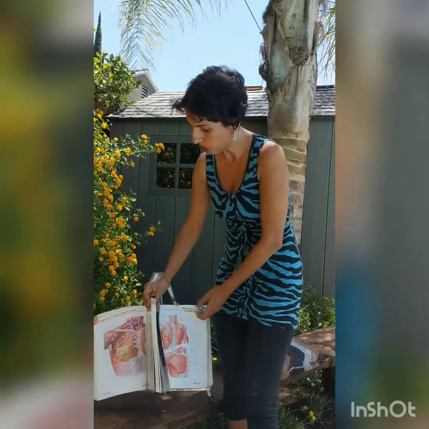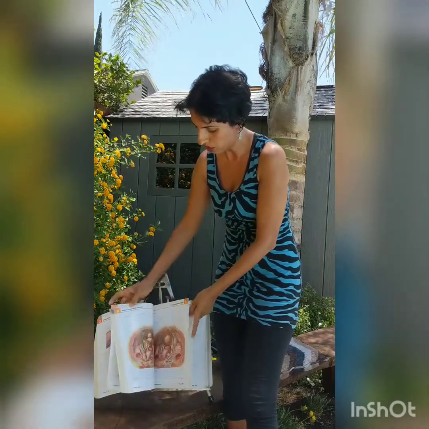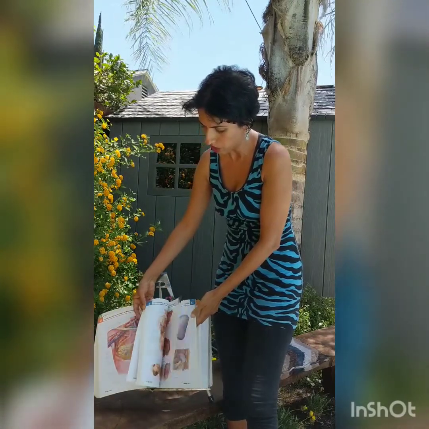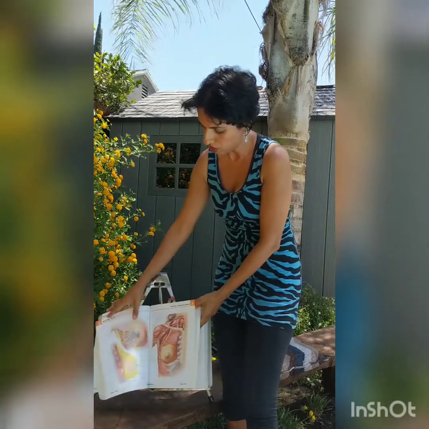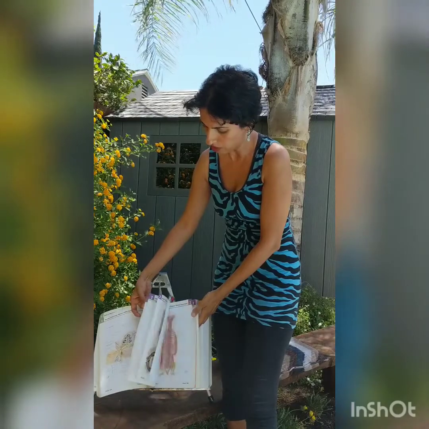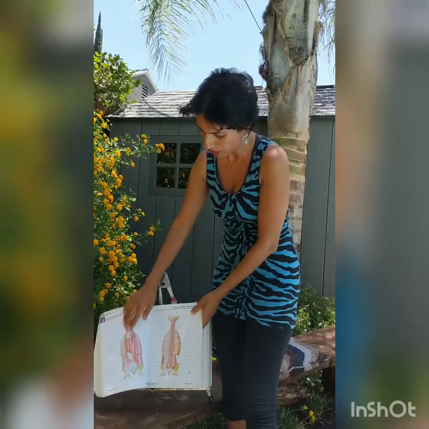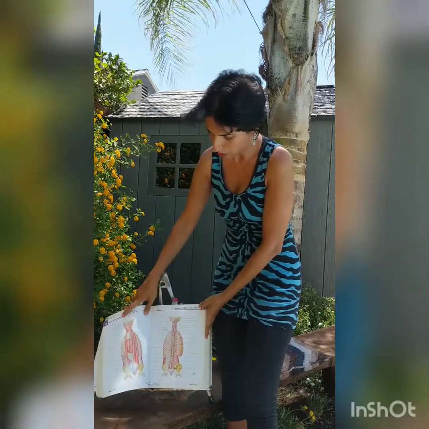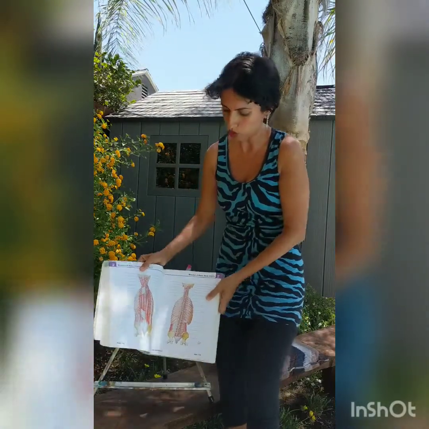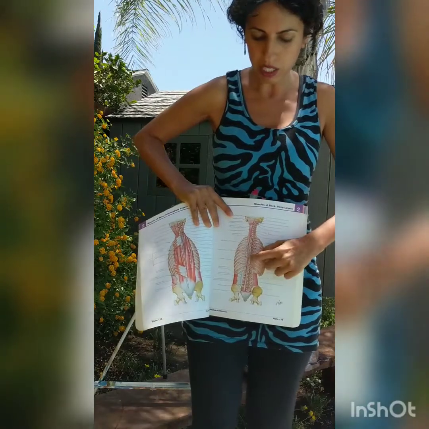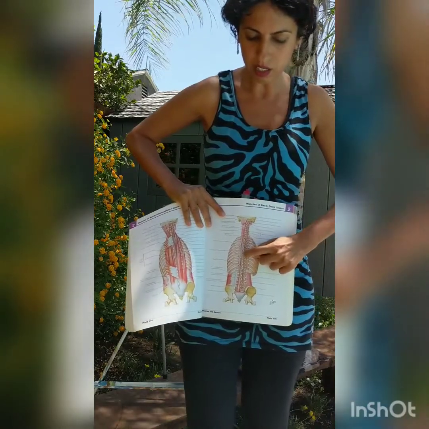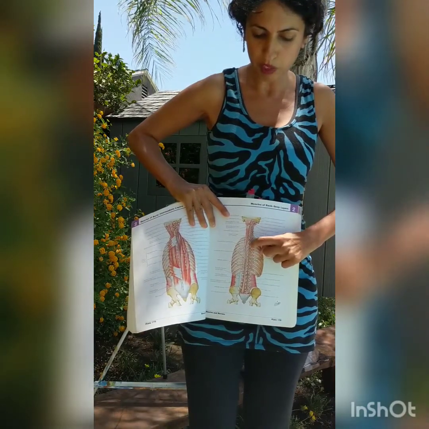What can protect, though, is the muscles that can help with strengthening and stabilizing the whole vertebra. These little muscles right here, we call them multifidi muscles.